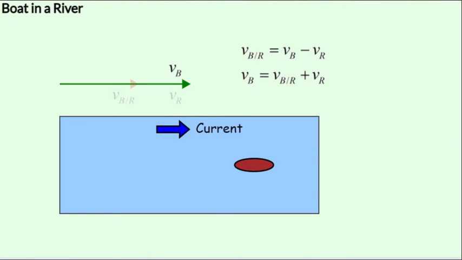And rearranging, we get the velocity of the boat with respect to the ground as the velocity of the boat with respect to the river plus the velocity of the river with respect to the ground. So if we do a vector addition of VB with respect to R and VR, we obtain VB, the velocity of the boat with respect to the ground.